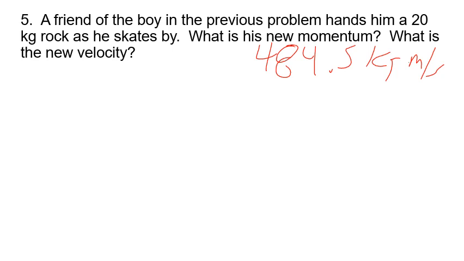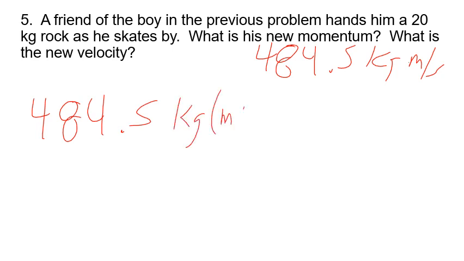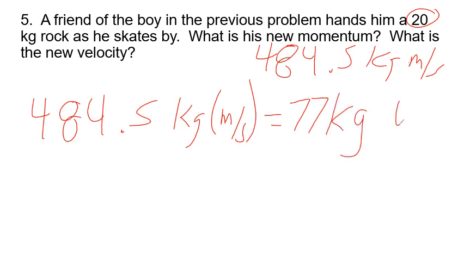So we want to know, well, what is the new velocity? His momentum is still 484.5 kilogram meters per second. Well, what's the mass now? He was 57 before, but now he's also carrying a 20 kilogram rock. So now we're up to 77 kilograms.